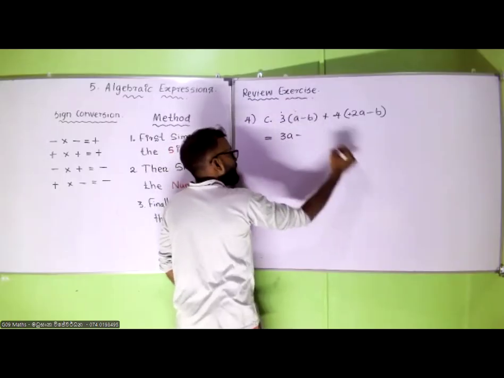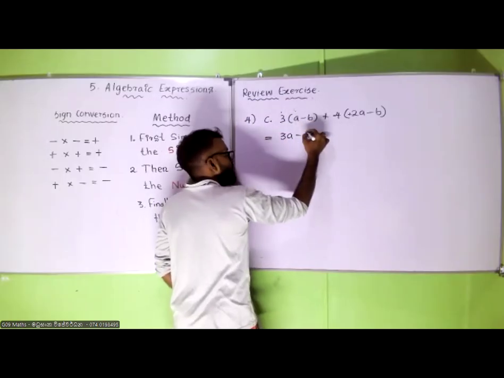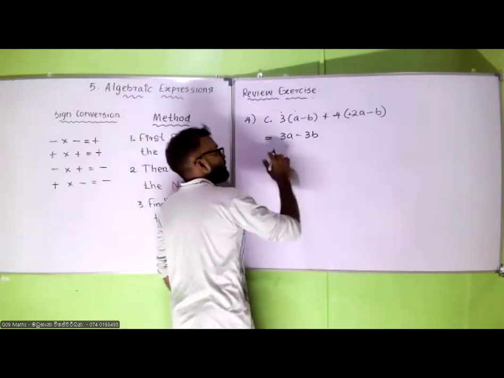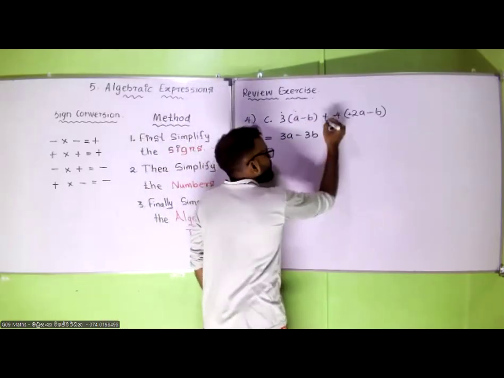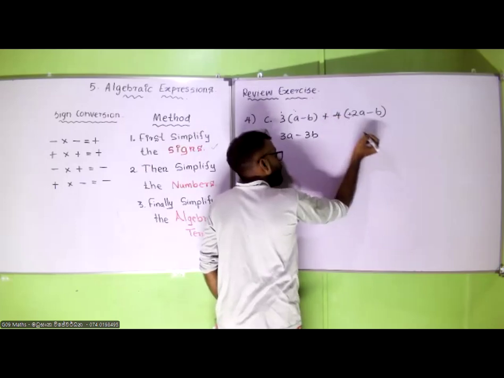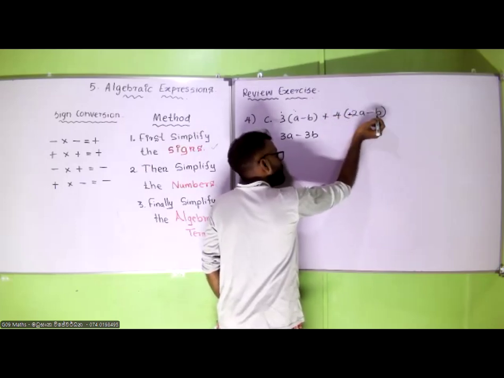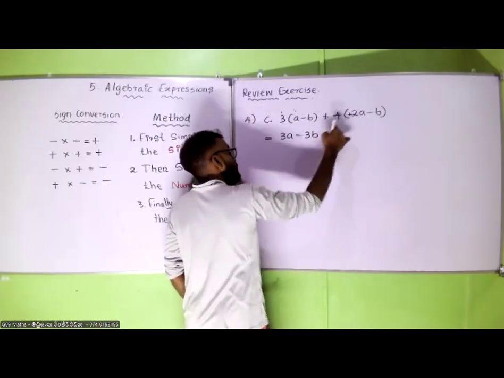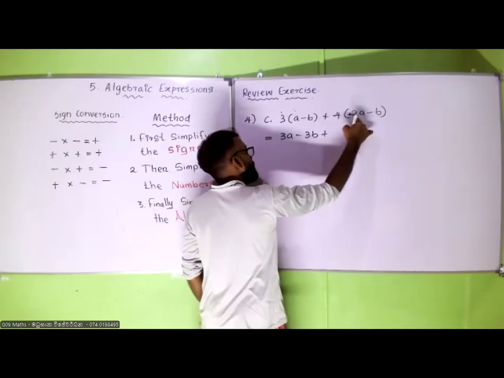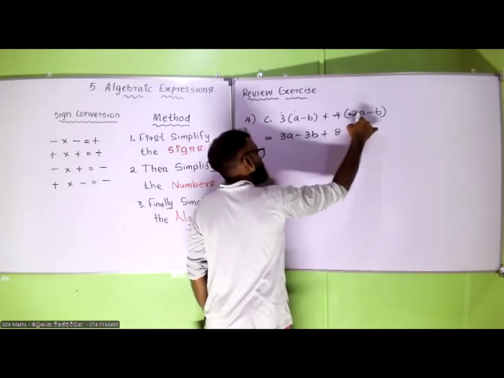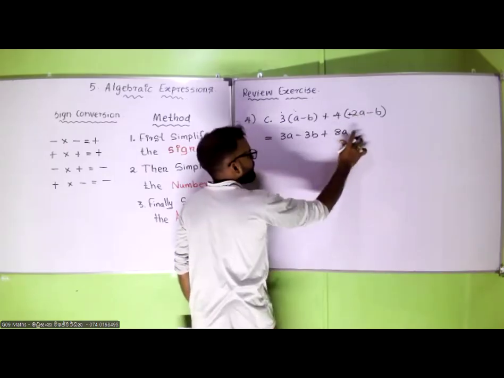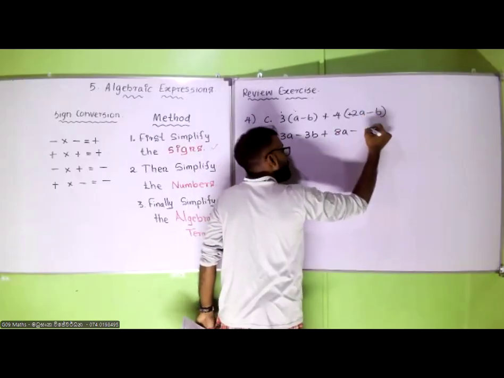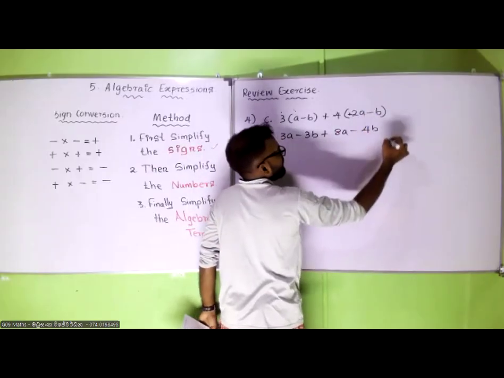Positive into negative, negative. 3 times B, 3B. Done. Now here you have positive 4, and inside the bracket you have positive 2A and minus B. Positive into positive, positive. 4 times 2, 8, and algebraic term A. Positive into negative, negative. 4 times B, 4B.